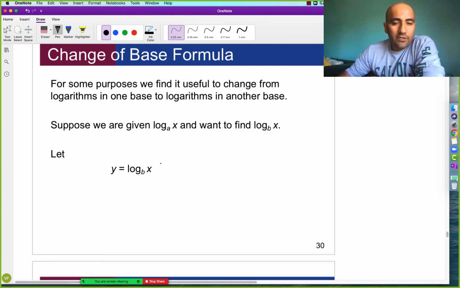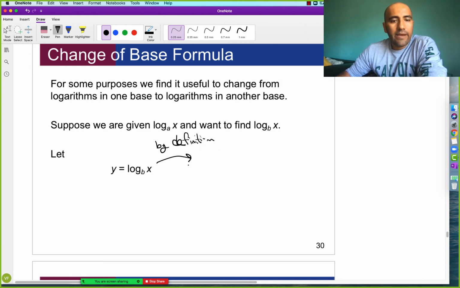Okay, so by definition, remember this must mean that b to the y power equals x.